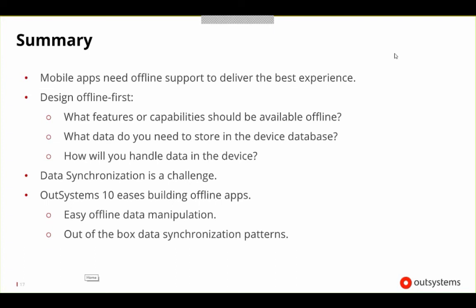And designing your application with this offline strategy enables your users to continue working without depending on the network, and only depending on the network when it's actually needed to connect to do synchronization.